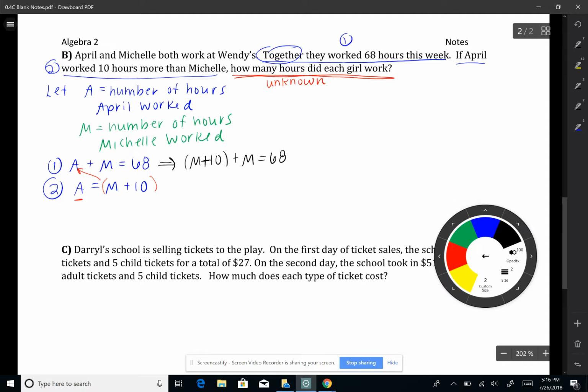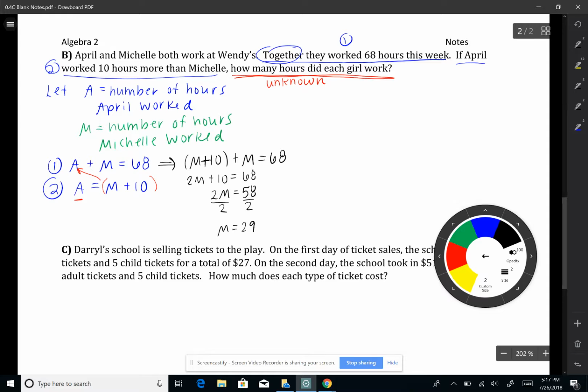There's nothing to distribute. So I can just ignore them and combine like terms. I've got M and another M. So that's 2M. And then I have plus 10 equals 68. I will subtract 10, which will give me 2M equals 58. And divide by 2. And that gives me M equals 29.